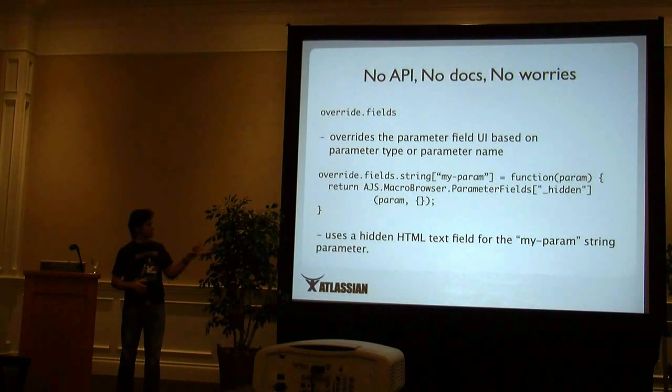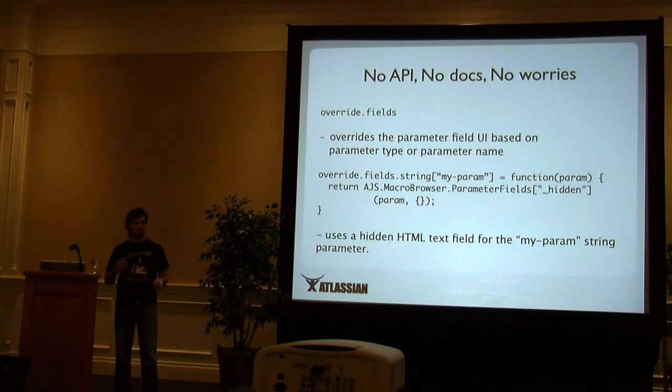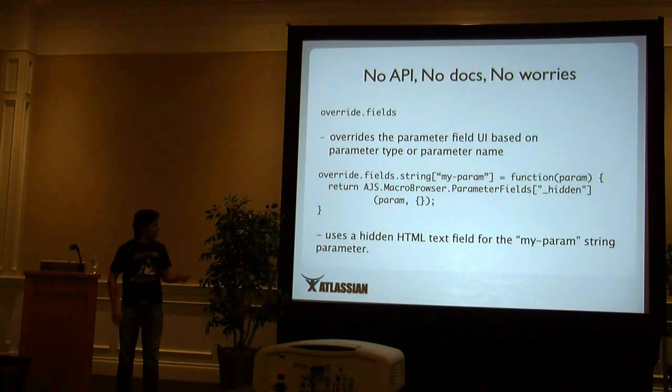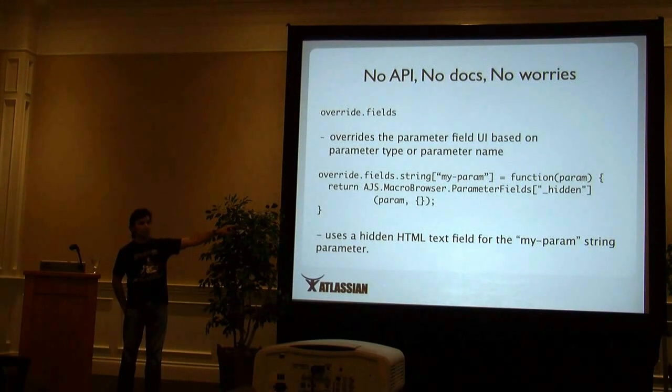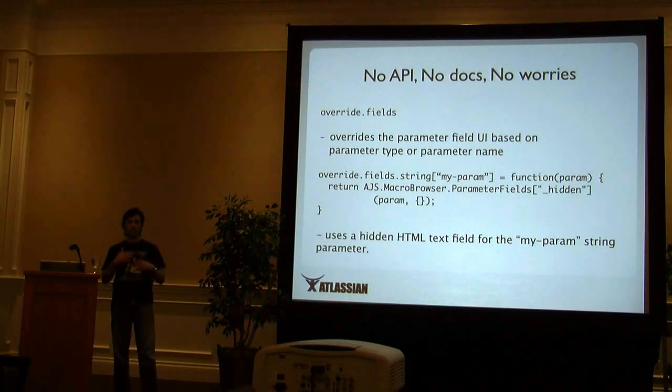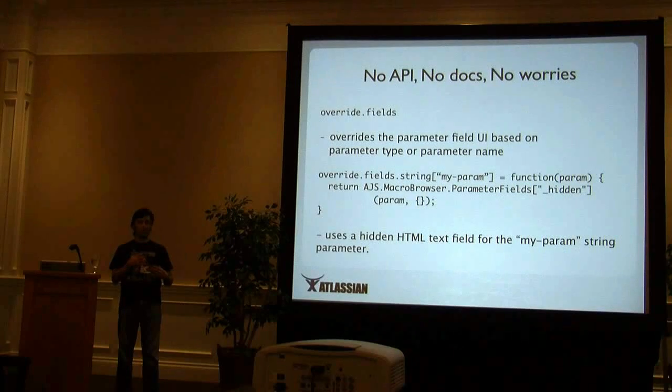Again, if you want to get into this kind of stuff with me, I'd love to afterwards, but you know who you are. In this case, by the way, all it's doing is saying we have a hidden field implementation which allows you to not show certain fields in the macro browser but still use their values.